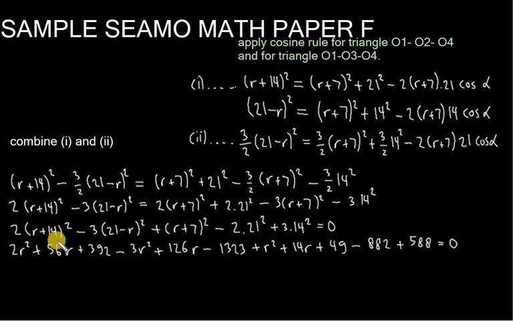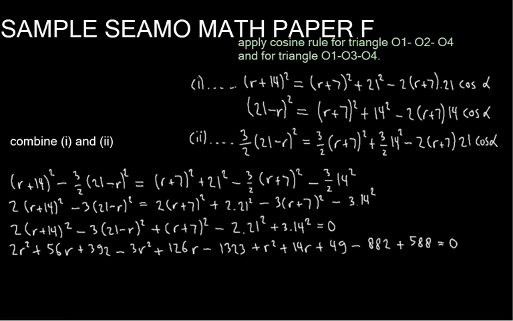We can expand this term, R plus 14 squared, like this. Also 21 minus R squared times 3, we will get 3 terms like this, and so on. And then we can combine the same terms. 2R squared minus 3R squared plus R squared cancels out.